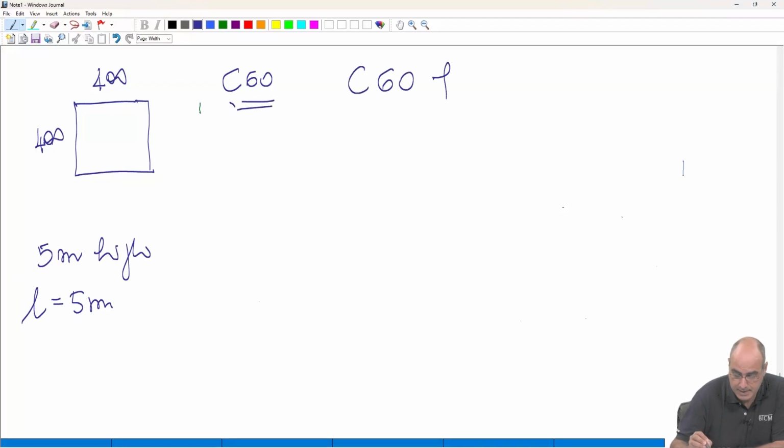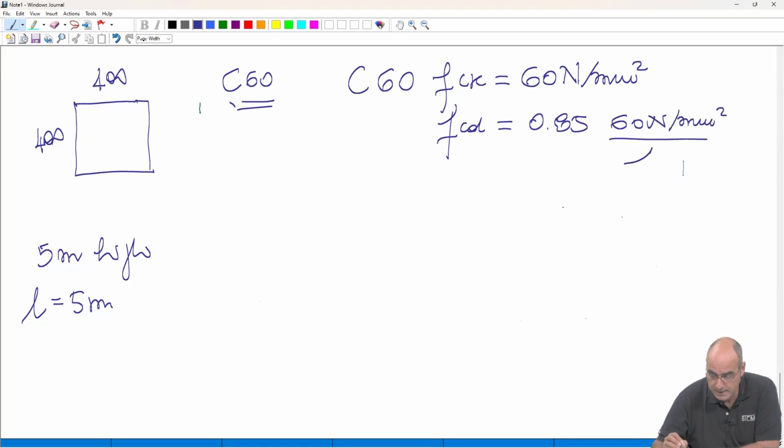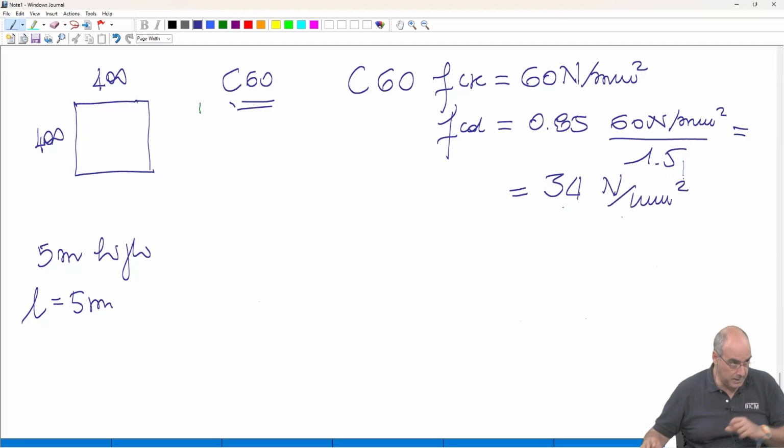C60 means fck equal to 60 Newton per square millimeter. Means fcd equal to 0.85 times 60 Newton per square millimeter divided by 1.5. 60 divided by 1.5 is 40. 40 times 0.85 is 34 Newton per square millimeter.